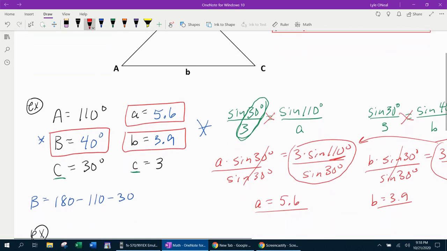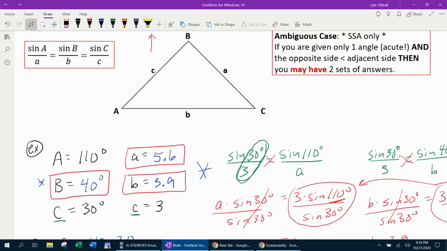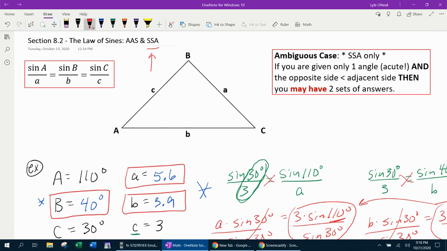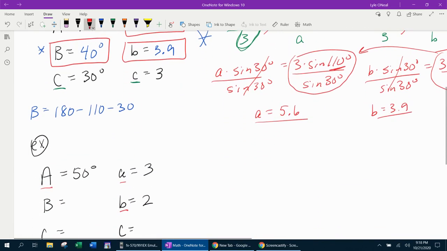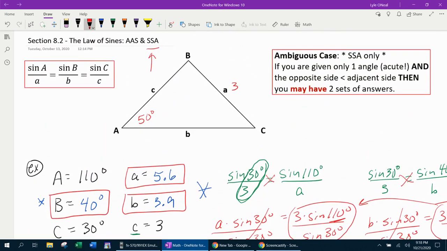All right, so I do want to make a point here. Angle A is 50. I'm going to use this triangle here for reference. Angle A is 50, a is 3, and b is 2. Do you see that with this setup, this is an angle side because we have an angle and the side across from it.